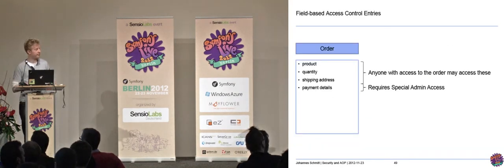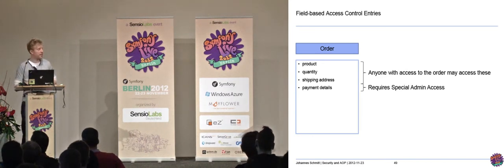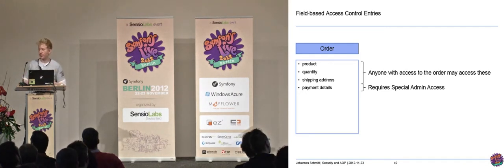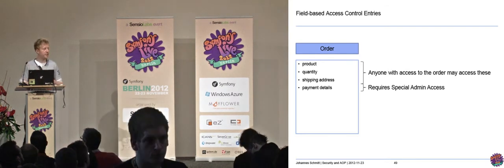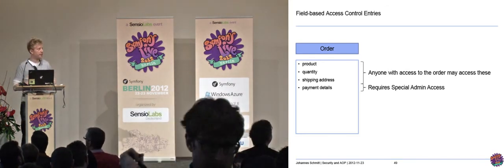We also have field-based access control entries. So you can also make a distinction on which fields a user may perform operations on. For example, you could say that the order has payment details, and I only want to allow users with admin access to view these payment details, like credit card information or any other bank information.